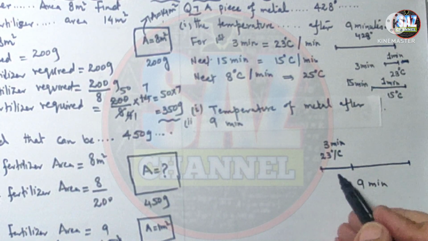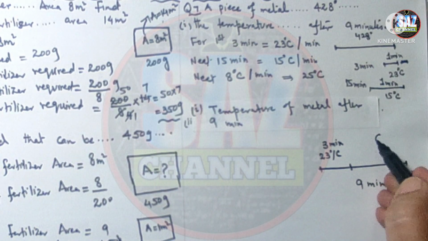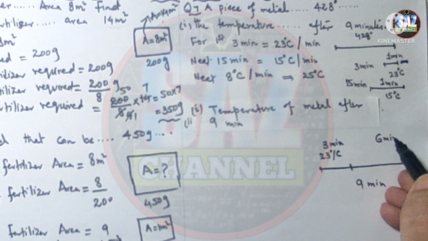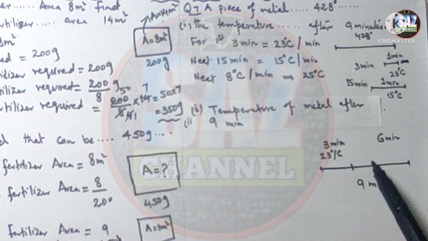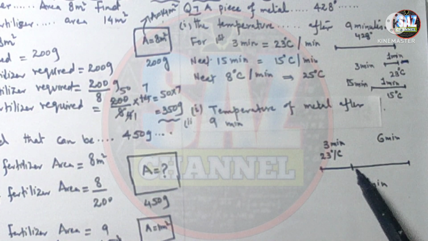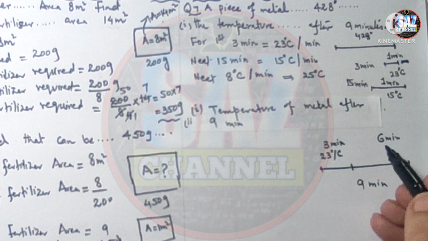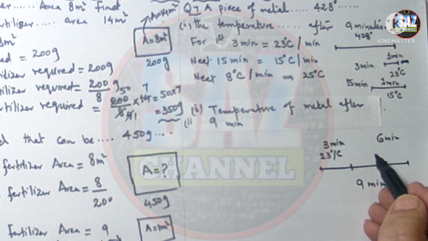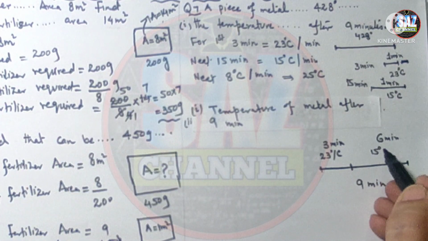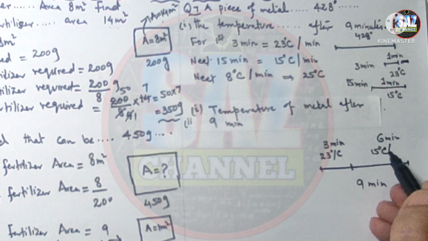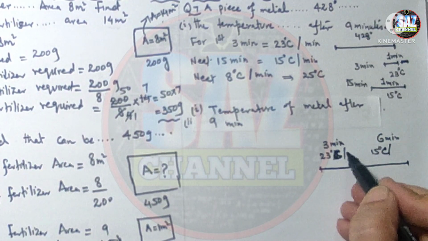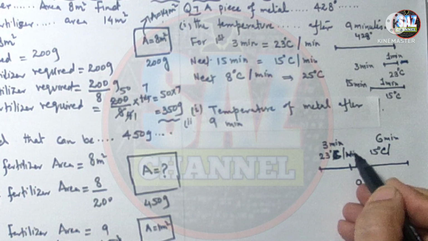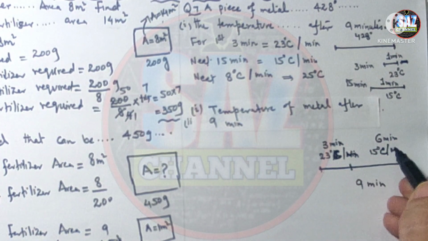And for the next 6 minutes, after the first 3 minutes till 15 minutes, the rate given is 15 degree centigrade per minute.